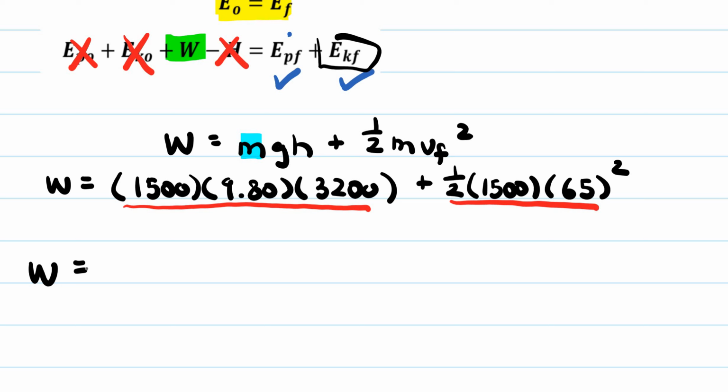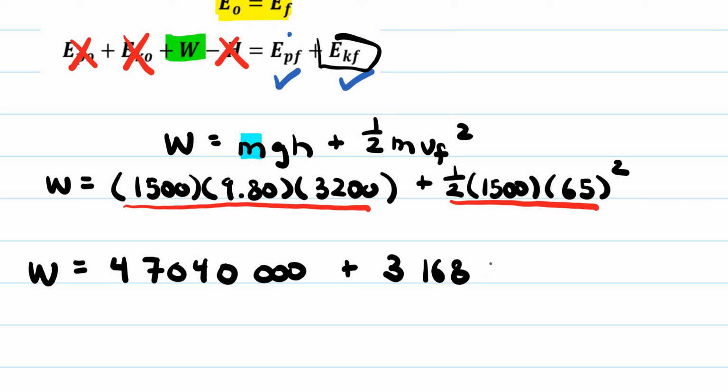These are actually some pretty big numbers. The potential energy is about 4.704 times 10 to the 7, plus the kinetic energy of 3,168,750.